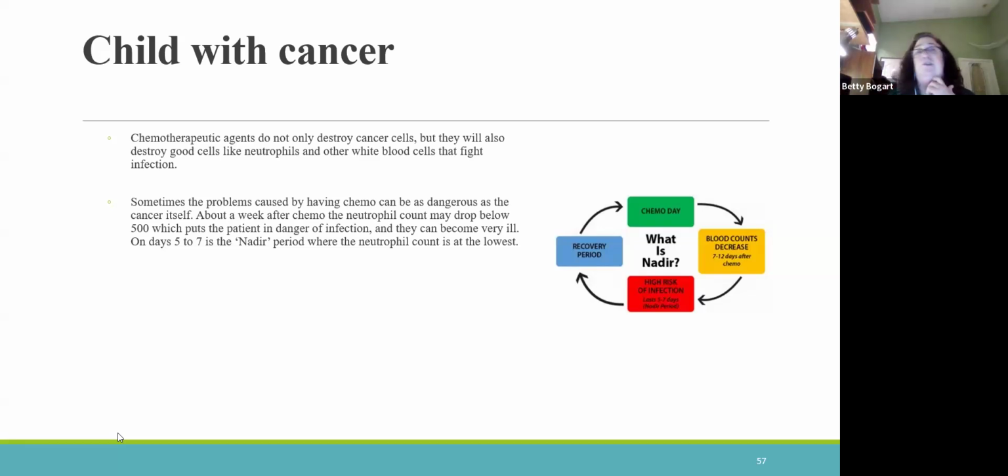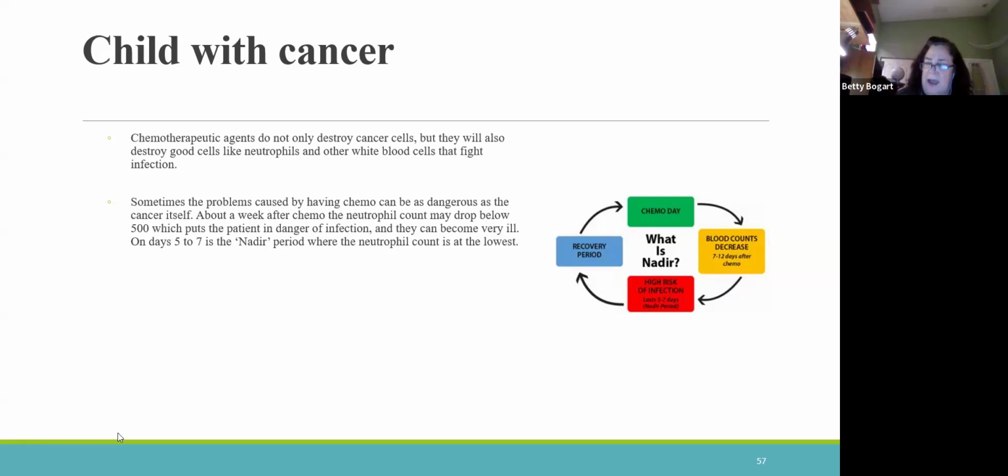You check the morning labs and see one of your patients has a neutrophil count of 400, and you're checking the vital signs this morning and they have a temperature of 100.6. Well, this is the patient that you're going to see first, because there is no immune system and they're going to go into septic shock very quickly.